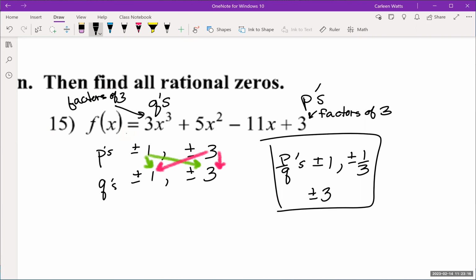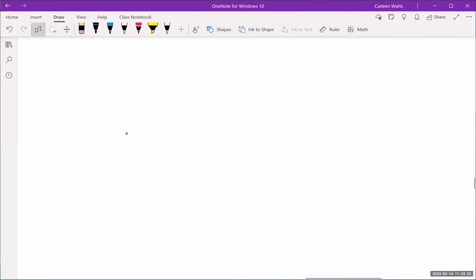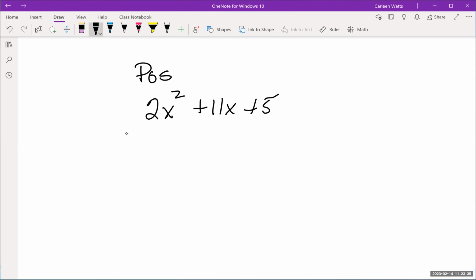For example, okay, how about this one? 2x squared plus 11x plus 5. I want the possible rational factors.